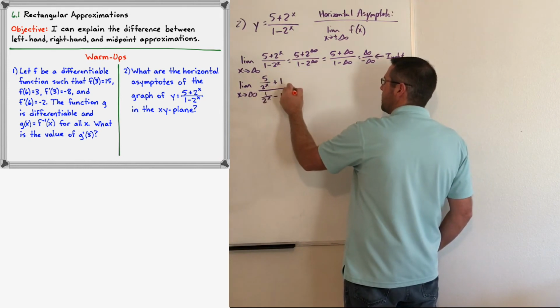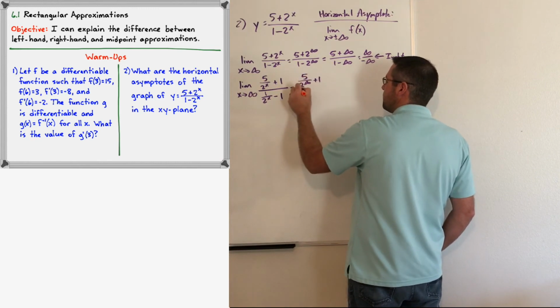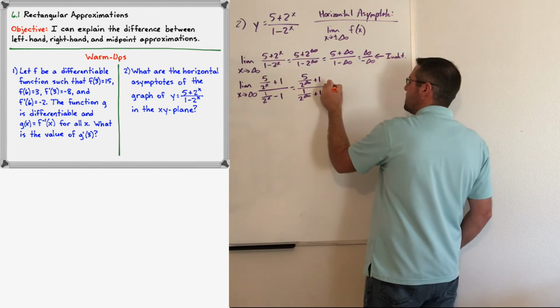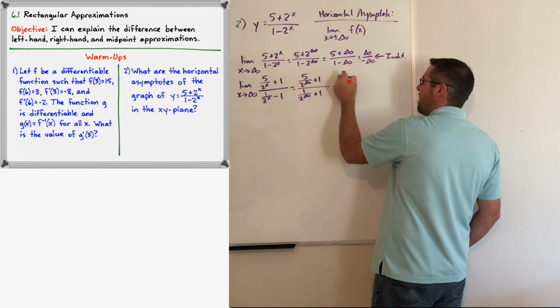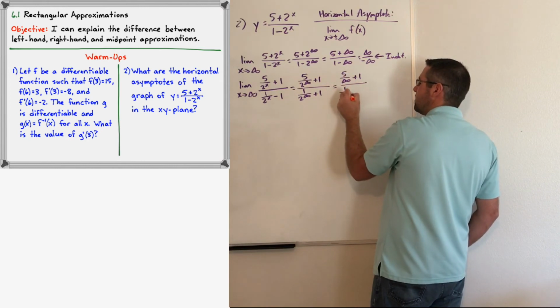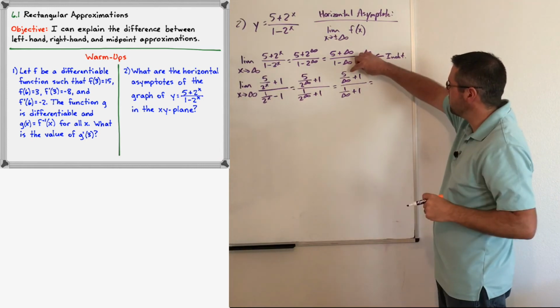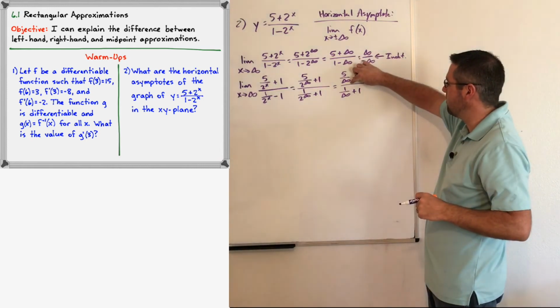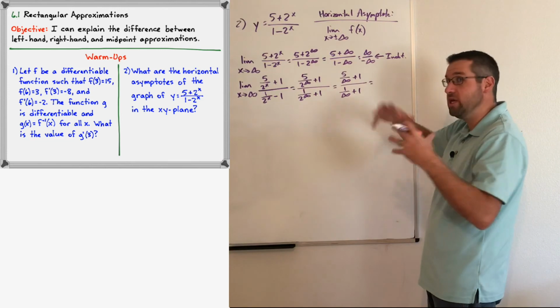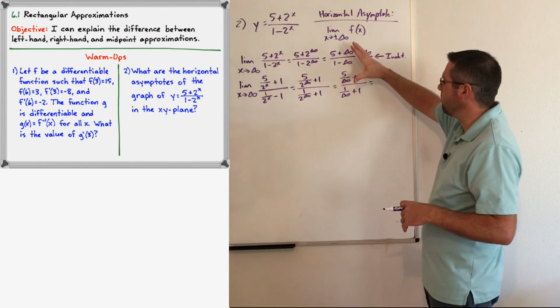Now if I plug in infinity, I end up with 5 over 2 to the infinity plus 1 over 1 over 2 to the infinity minus 1. Then I get 5 over infinity plus 1 over 1 over infinity minus 1. Remember, when we're dividing by an infinite number, a number that's really, really big, the fraction gets smaller and smaller, or approaches 0.